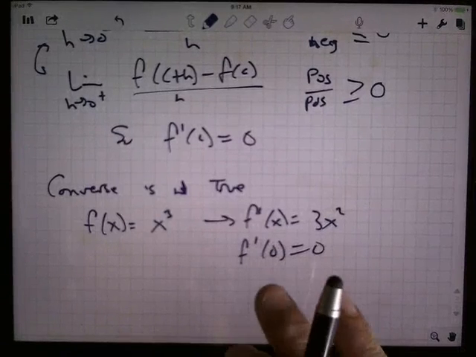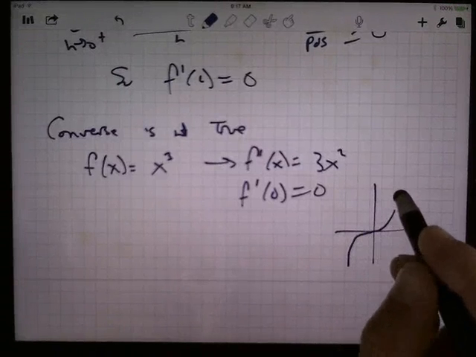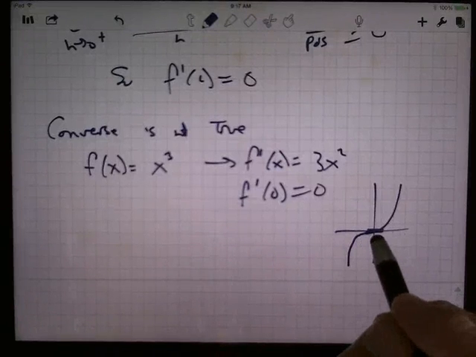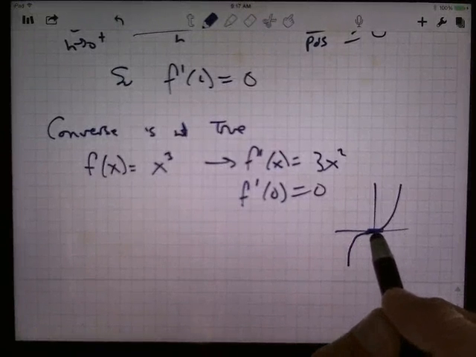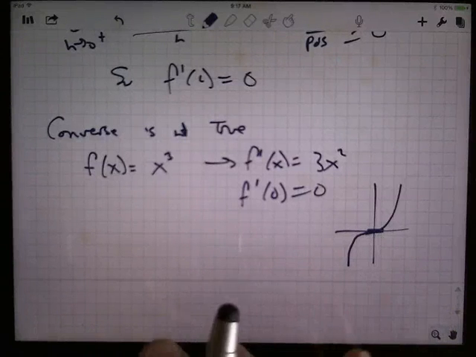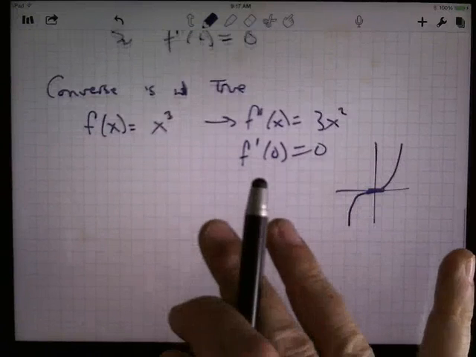So there's a spot where the derivative is 0. However, that's not a max or min. Right? The graph of y equals x cubed looks like this. There's a horizontal tangent line there at 0, but I don't have a max or a min. So just because the derivative is 0 doesn't mean you have an extreme value.